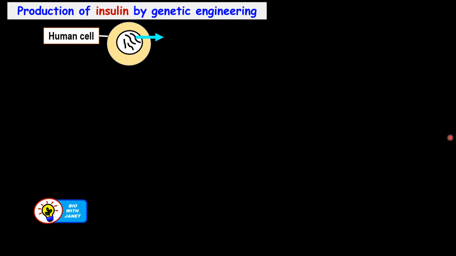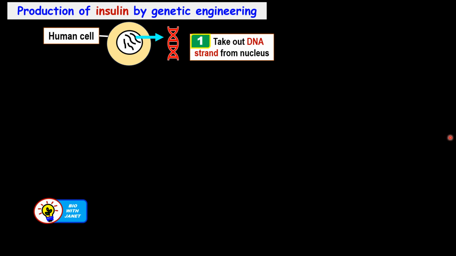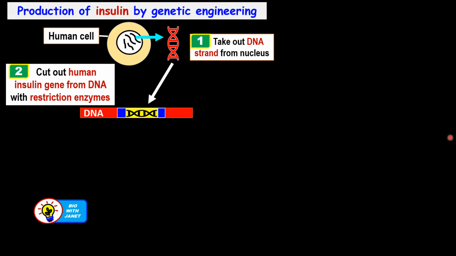So we have to find the right chromosome, which is actually chromosome number 11, that has the gene for production of insulin, the gene that has the instructions or the code for the production of insulin. Okay, so take out the whole DNA strand with the gene in it first from the nucleus of the human cell. Then cut out the human insulin gene from the DNA, the long strand of DNA, with restriction enzymes, right?